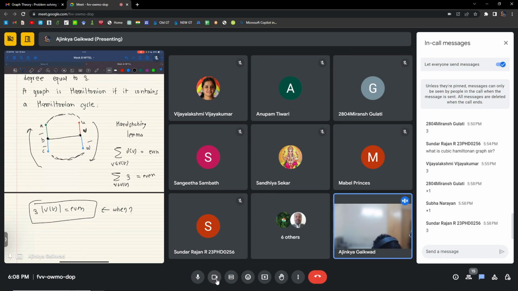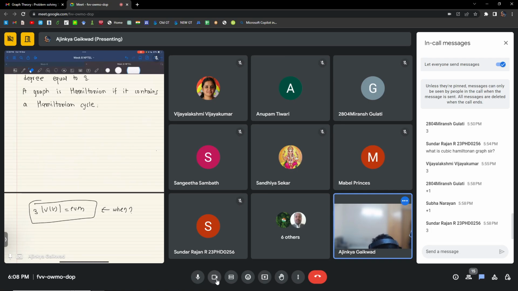Let me write down everything I just said. As G is 3-regular, which is another way to say the graph is cubic, right? 3-regular means every vertex has degree 3.